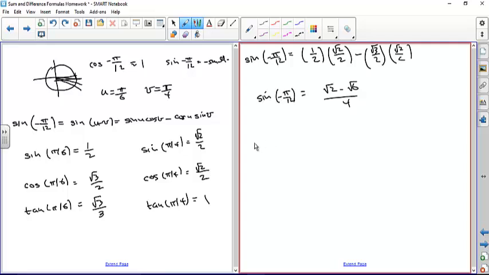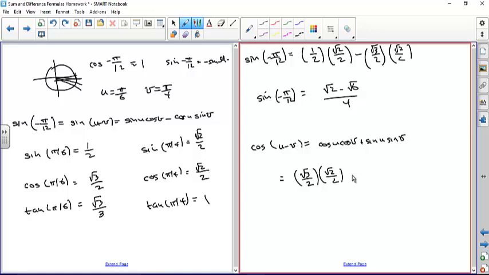Okay, then we use the cosine. Cosine of u minus v is equal to cosine of u, cosine of v, plus the sine of u, sine of v. So looking over here, cosine of u is the square root of 3 over 2. Cosine of v is the square root of 2 over 2.